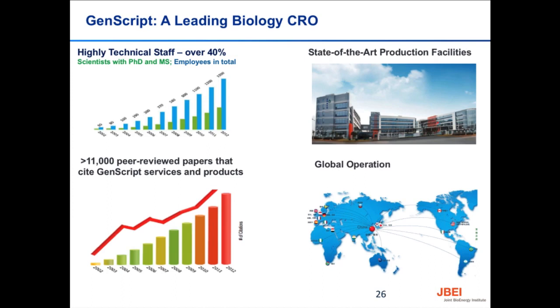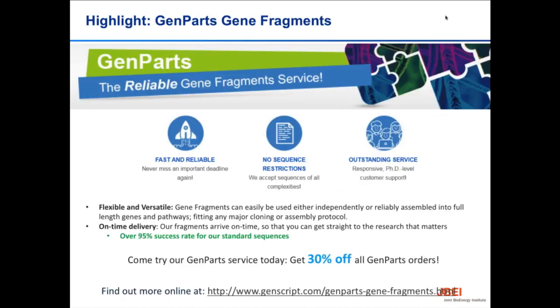A quick highlight on how we can help with your assembly process. We recently launched a new service for gene fragments back in May called GenParts. This service is pretty much a precursor to our complete DNA synthesis service, where what we deliver to you is a gene fragment in a PCR format.